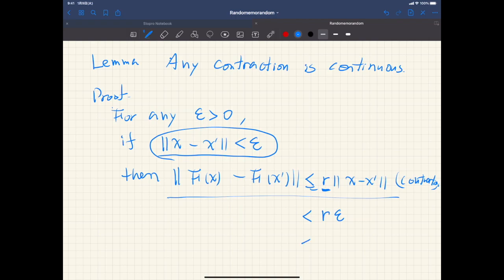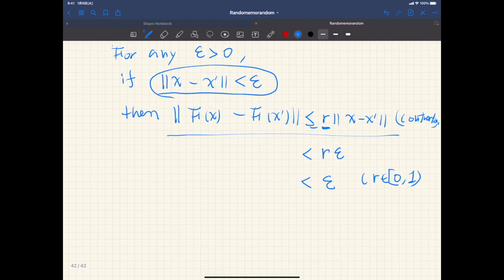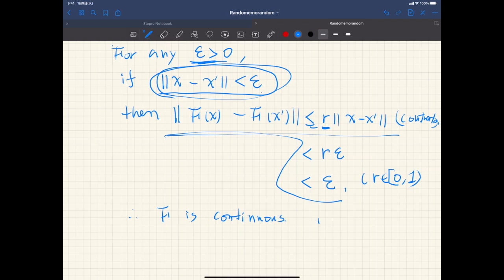But this is less than epsilon because r is between 0 and 1, not including 1. So for any positive real number epsilon, we have this if we choose x and x prime to be close enough. Therefore, f is continuous. And we are done.